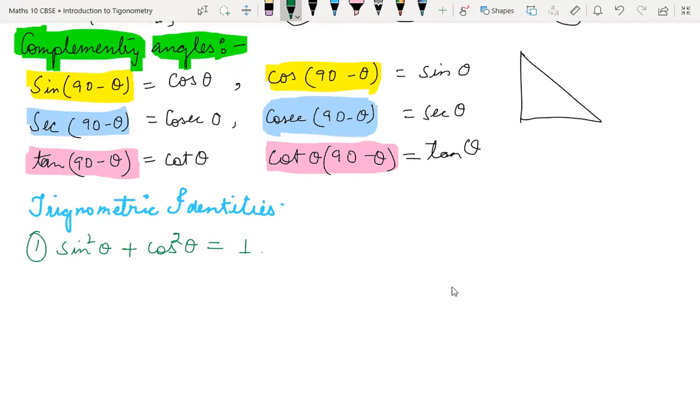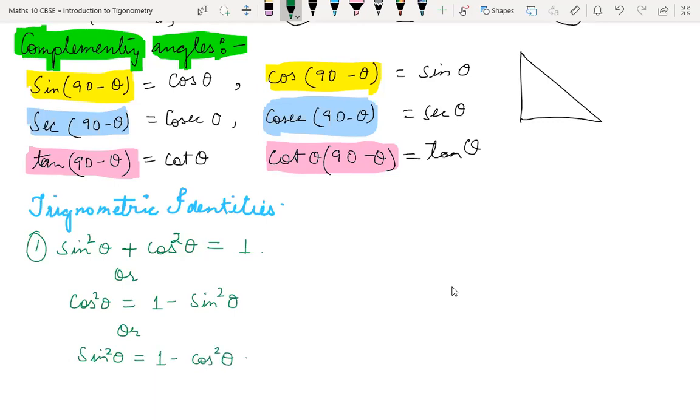Or we can write cos square theta is equal to 1 minus sin square theta, or sin square theta is equal to 1 minus cos square theta.